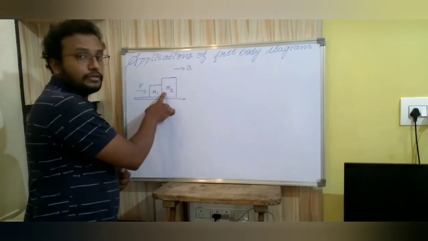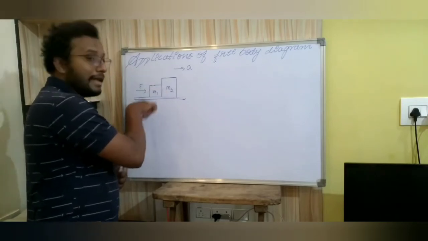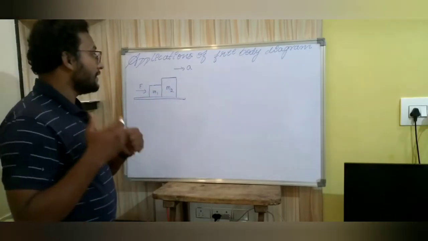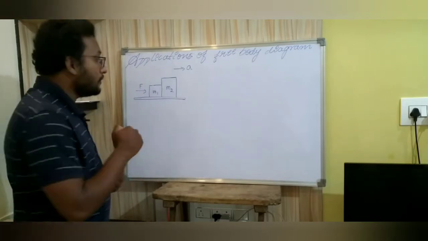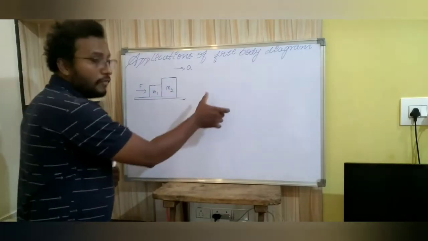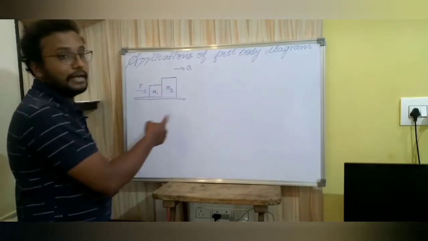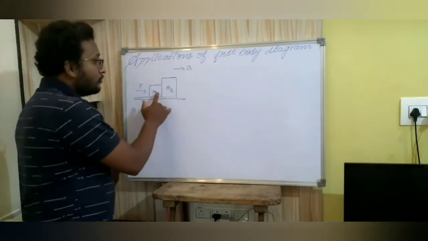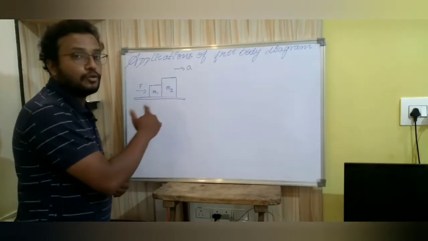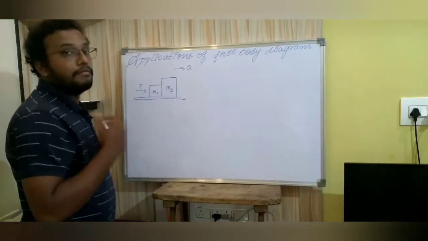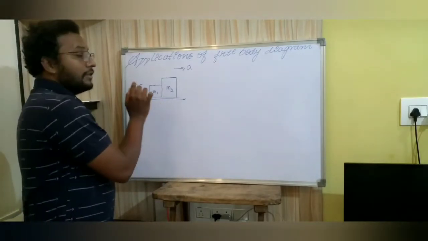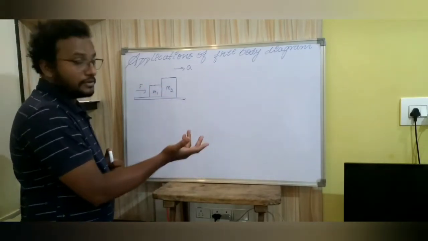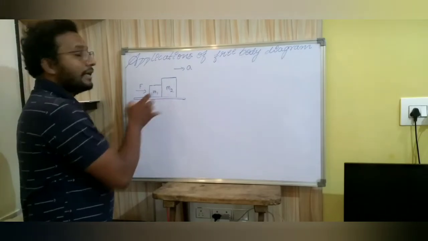Similarly, m2 also applies a force on m1, because it is reasonable to consider this, since even when they are moving with this acceleration, they are not getting separated. When there is no relative displacement between these 2 blocks, even when they are moving, we have to consider there are equal and opposite forces between m1 and m2.